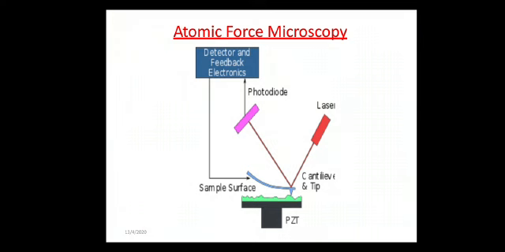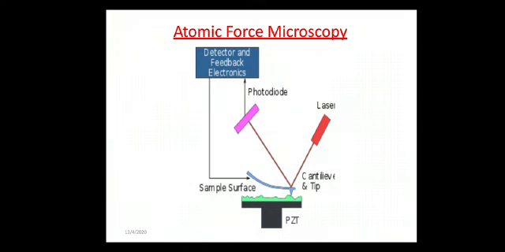When the tip is brought into proximity of a sample surface, forces between the tip and the sample lead to the deflection of the cantilever. The forces measured in atomic force microscopy include mechanical contact force, van der Waals forces, capillary forces, and electrostatic forces.